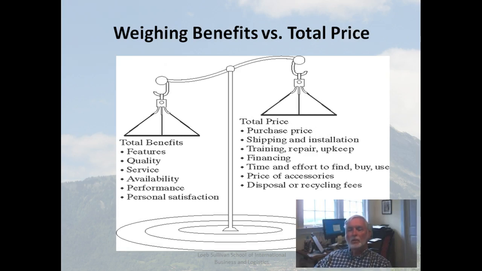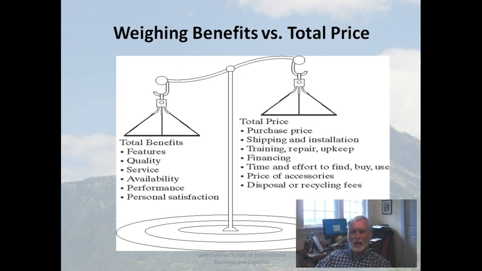So that's everything in the price, and then what we get for it, the benefits that the consumer gets. We have the features we talked about earlier in terms of features and benefits. The quality of the product, its quality to last and do what I need it to do. The availability of service, so that it's easy to service. The availability of the product itself, is it convenient to get? The performance of the product, does it do what I really want it to do?